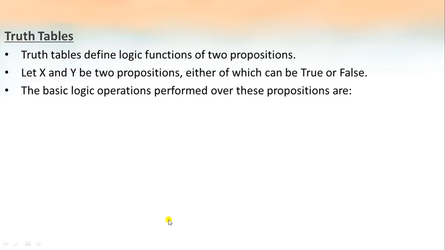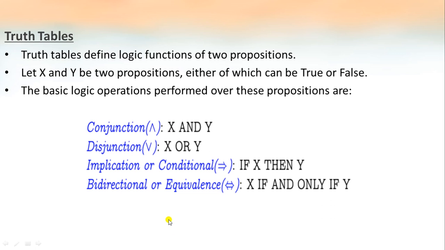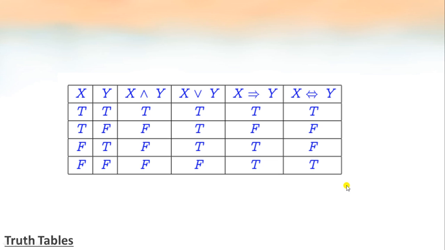Some of the basic logic operations performed on the propositions are: first one is conjunction, which is the AND operation. Next is disjunction, or OR operation, implication or conditional, if X then Y, and bidirectional or equivalence, X will be true if and only if Y is also true.